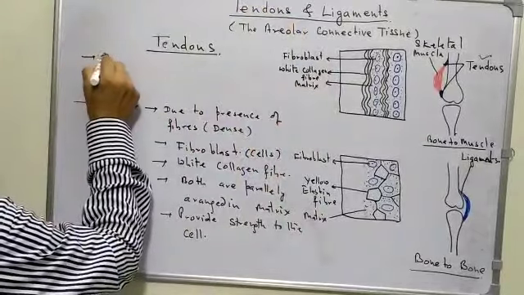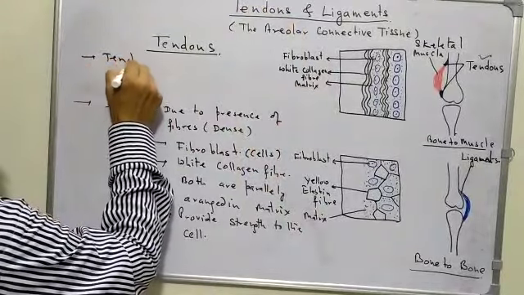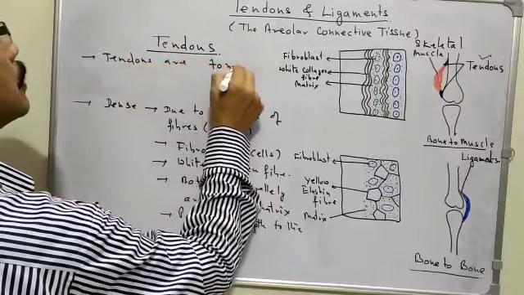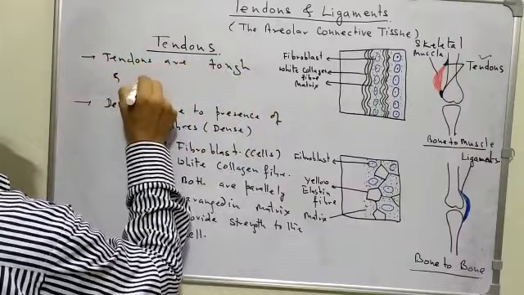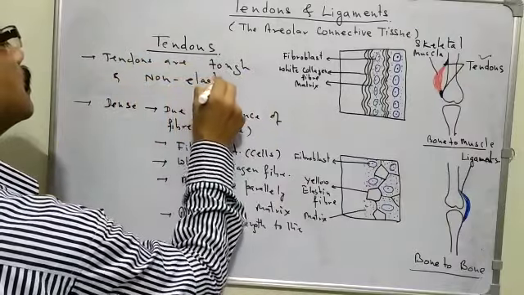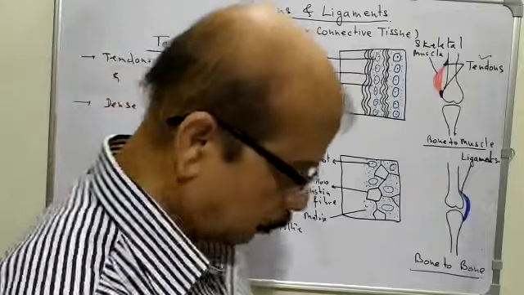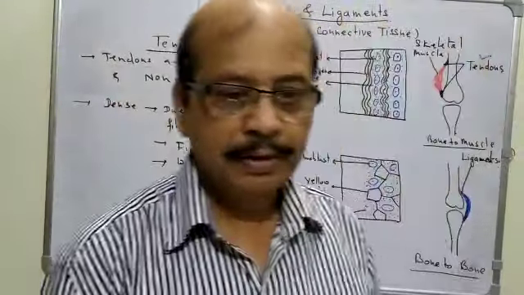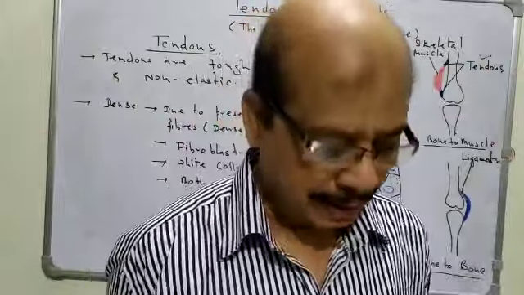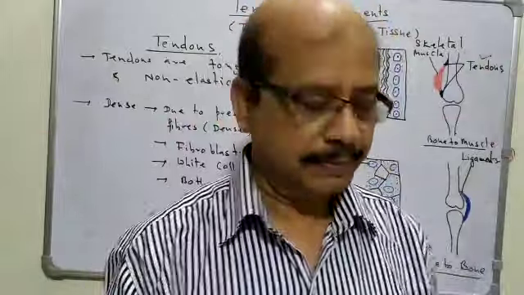Tendons are tough and non-elastic. They are not elastic, so they take part in lifting heavy weights and do not stretch.